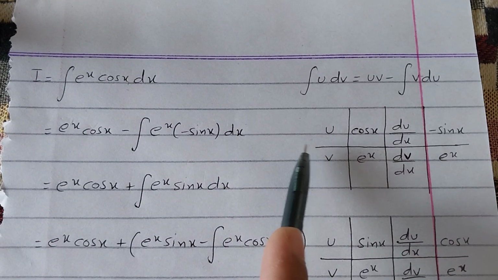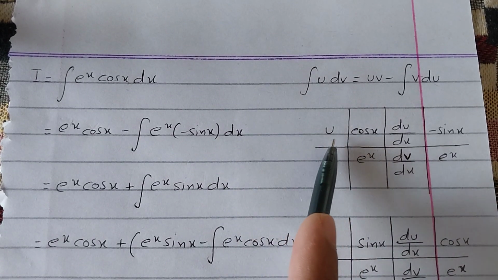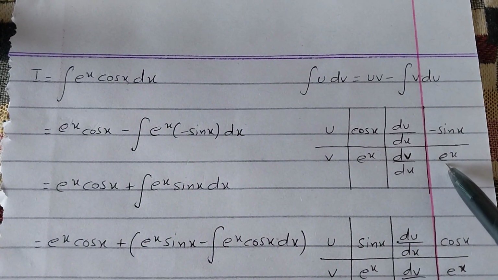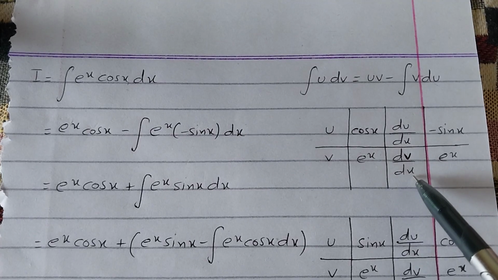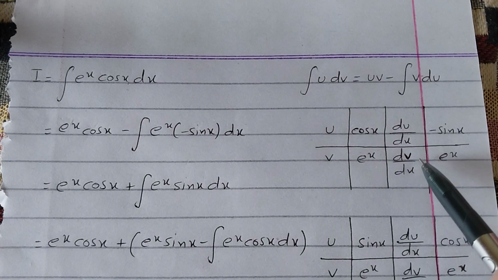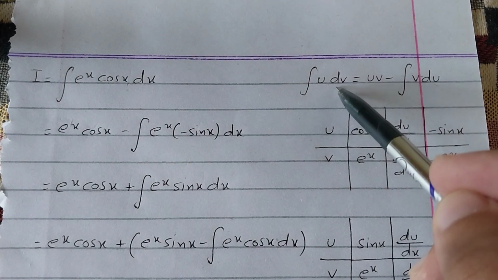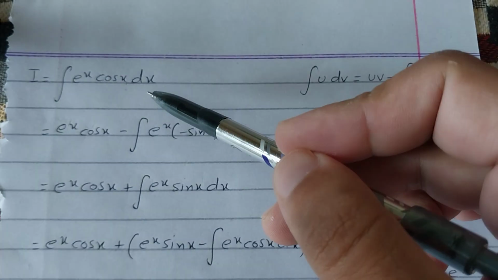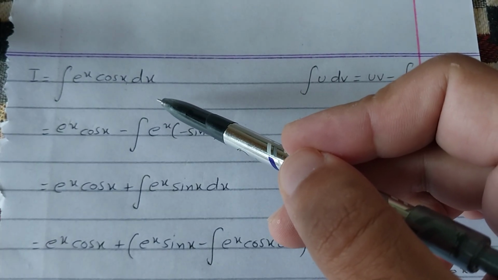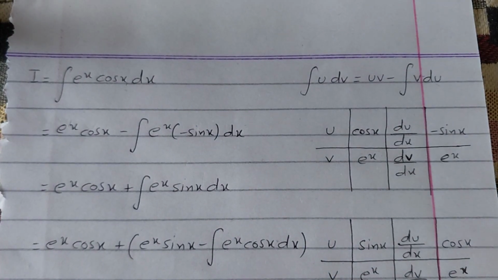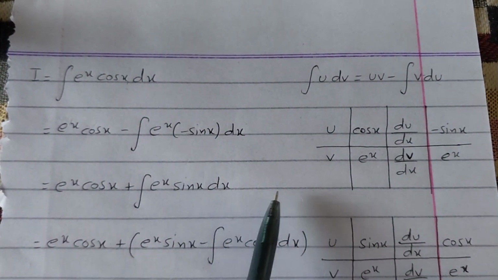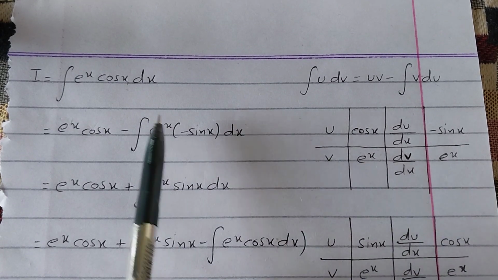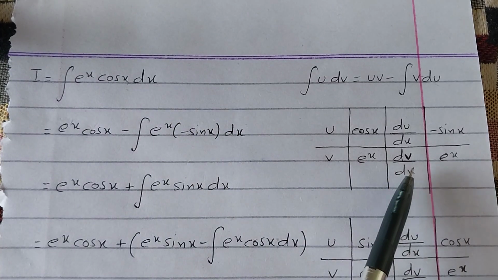So I am considering cos x as u, and I am considering e to the x as dv by dx. And why do we consider dv by dx, not dv? Because dx is already present here. We consider e to the x as dv by dx, so that dx and dx cancel out and we are left with dv.